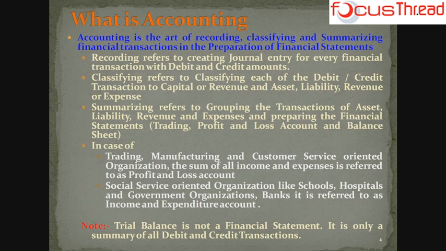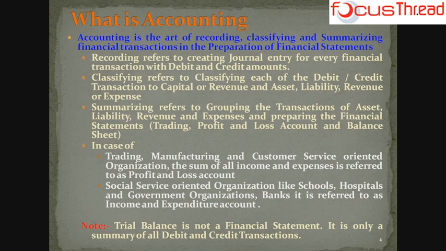Then you have to make sure that it is reported to the right account, asset or liability or revenue. Once you classify, summarize and record them, then only will you be able to prepare a financial statement.